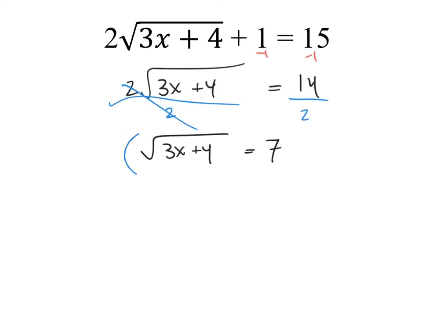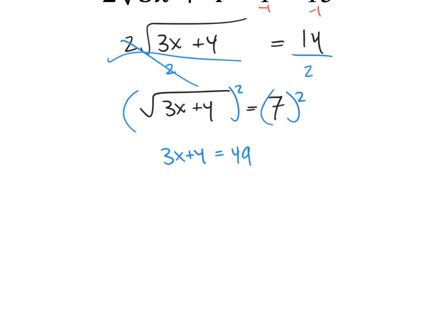We're ready to square both sides, and we'll get that 3x plus 4 is equal to 49. I'll subtract 4 from both sides, and then when we divide by 3, we'll get that x is equal to 15.